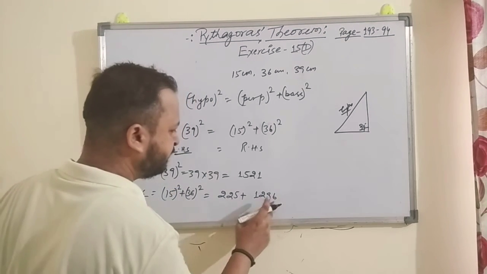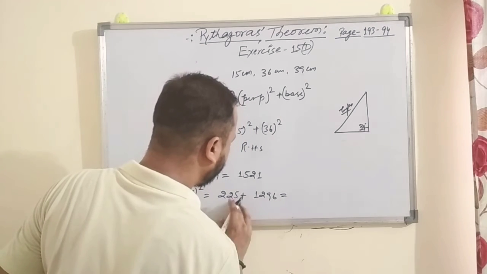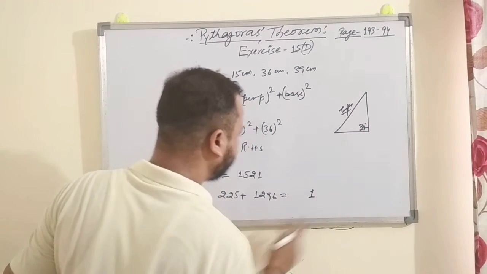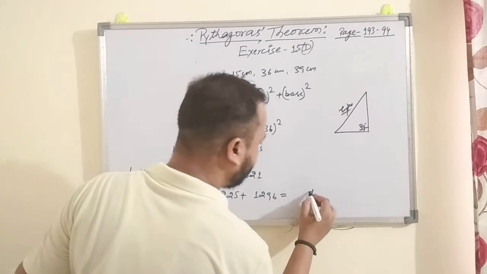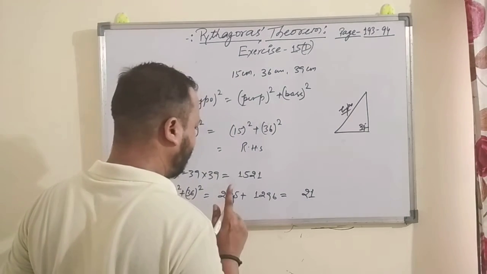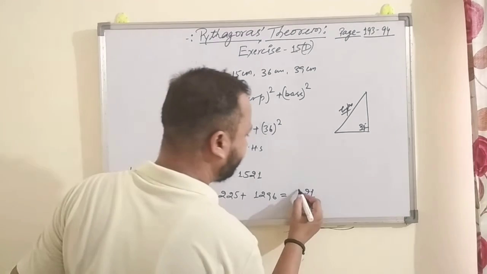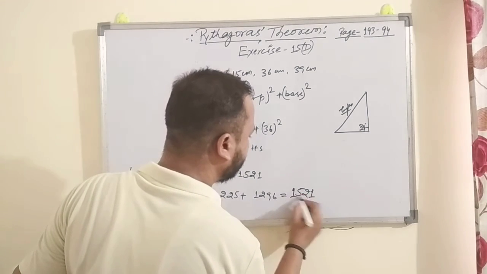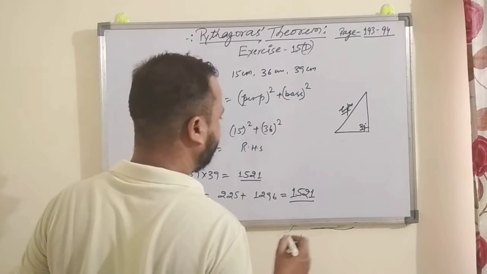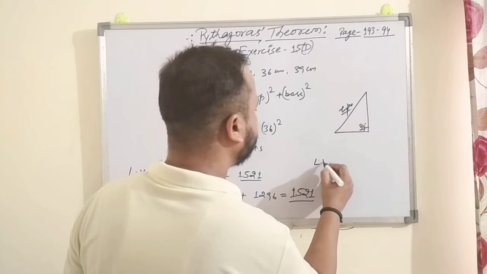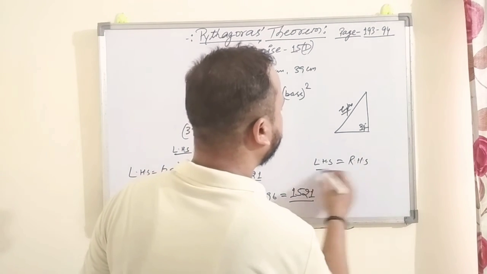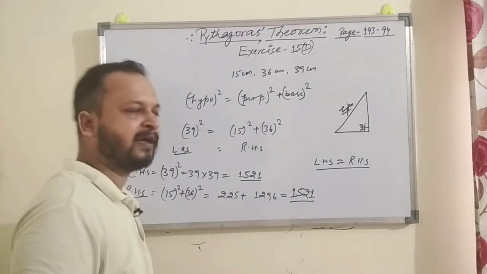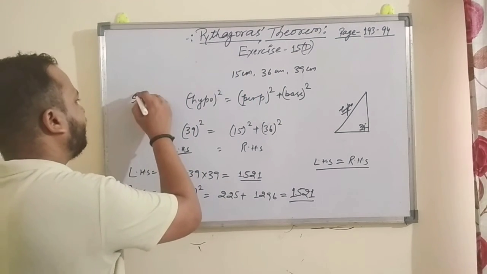If you add them, you will get: 6 plus 5, 11, carry 1; 9 plus 2, 11, and 1, 12, carry 1; 2 plus 2, 4, 1, 5, and 1. So we are getting the same value, meaning LHS is equal to RHS. It means this is a right angle triangle. This was question number 5 of the exercise.